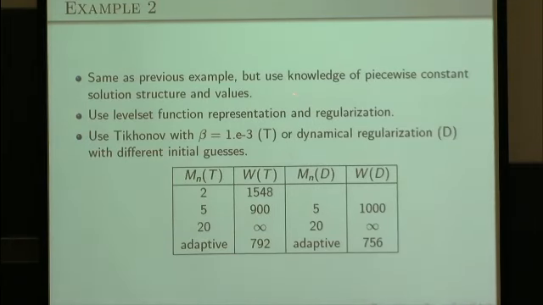Let's look at another example, same as before, but now we do know that it is piecewise constant. We take this into account by using the level set function representation. Once again, Tikhonov, but as I said, these things do change. Here, with this level set function, beta equal to 10 to the minus 3 was determined by trial and error to be particularly good. We also use the dynamical regularization, denoted D, with different initial guesses.